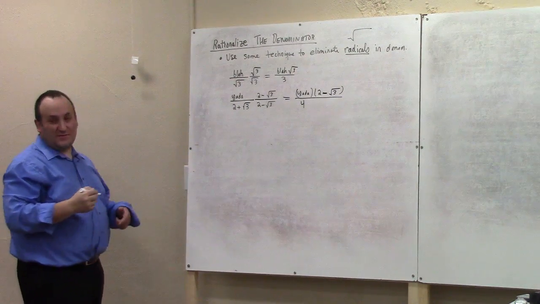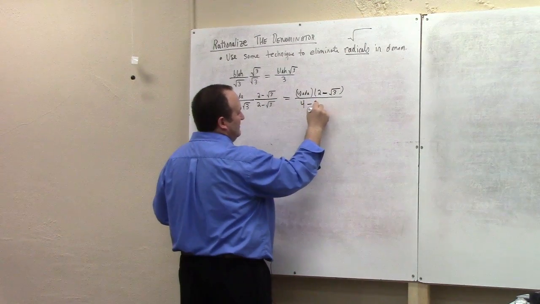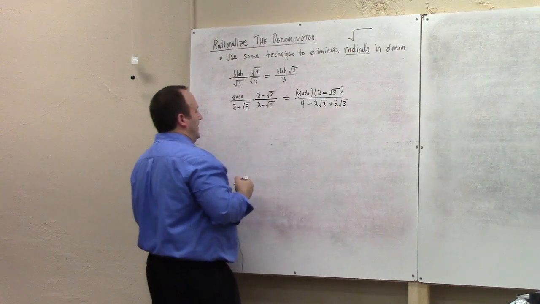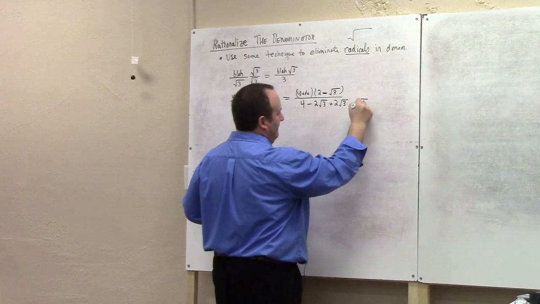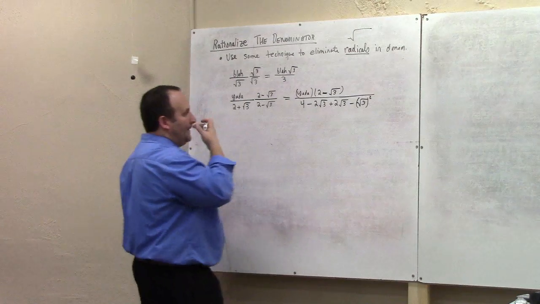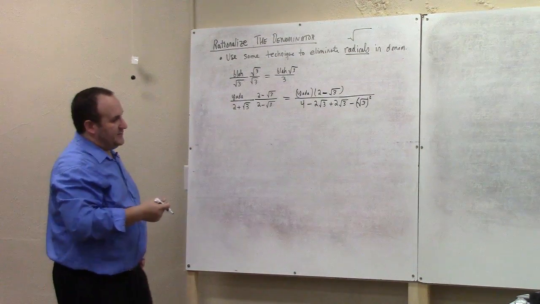So 2 times 2 is 4. And then we have minus 2 square root of 3 plus 2 square root of 3 and minus root 3 squared, right? So you see the magic here? The radical terms cancel.